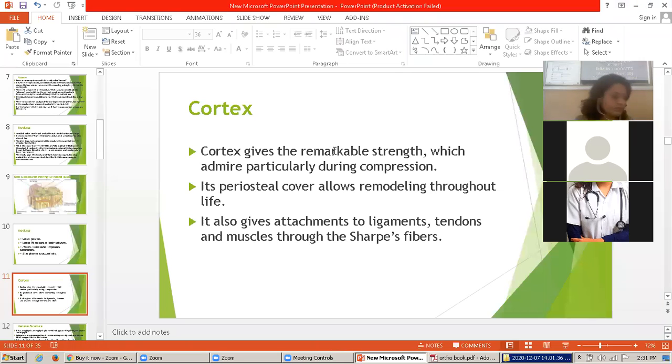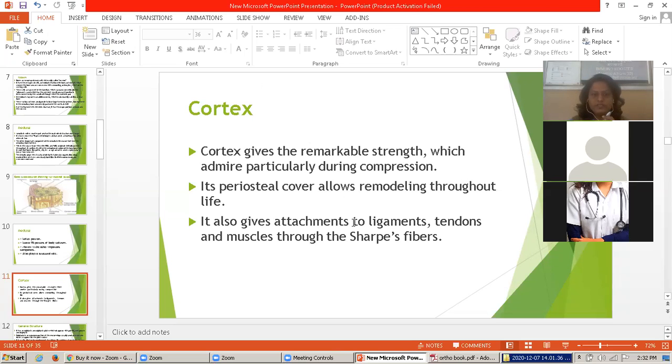So next is the cortex. When we study the cortex, the cortex gives remarkable strength, particularly during compression, and its periosteal cover allows remodeling throughout life.